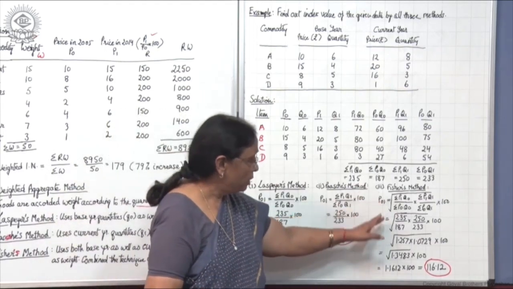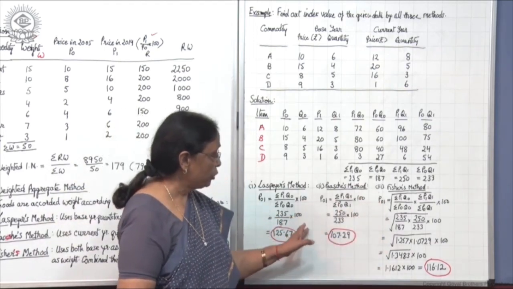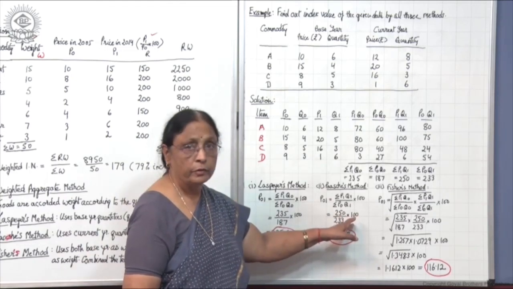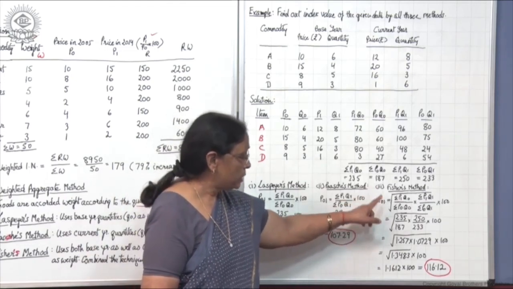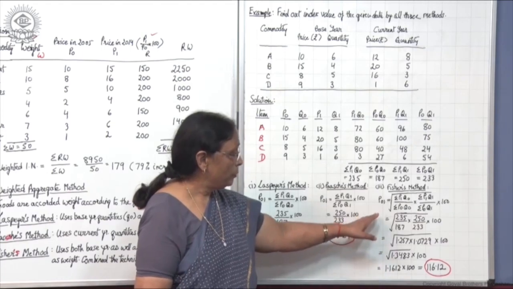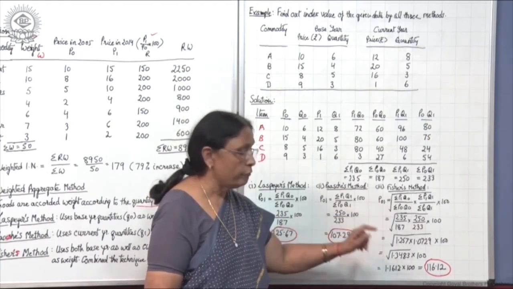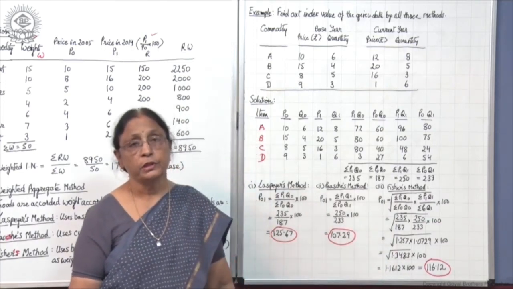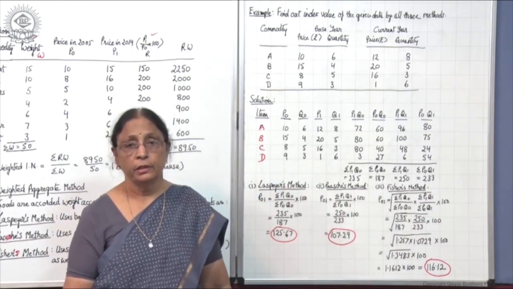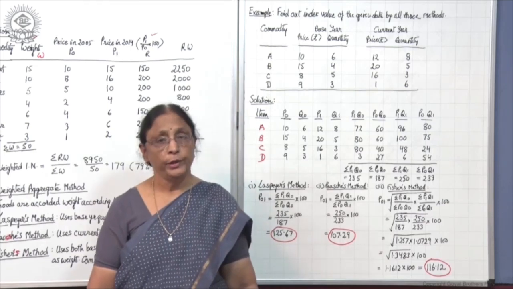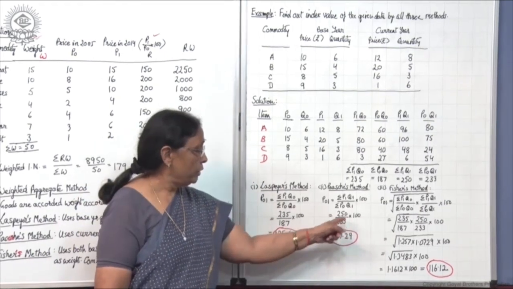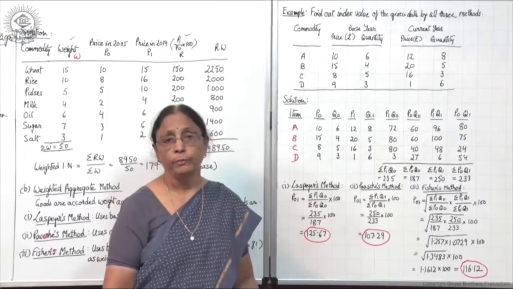So this is the best method, which is the combination of these two, on the basis of finding the mean. So this is considered the best method of calculating weighted index number, though these are also of importance.